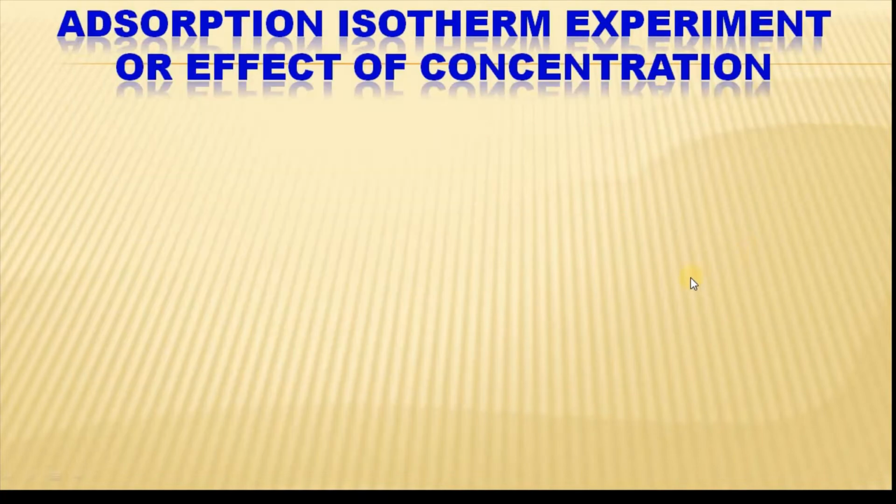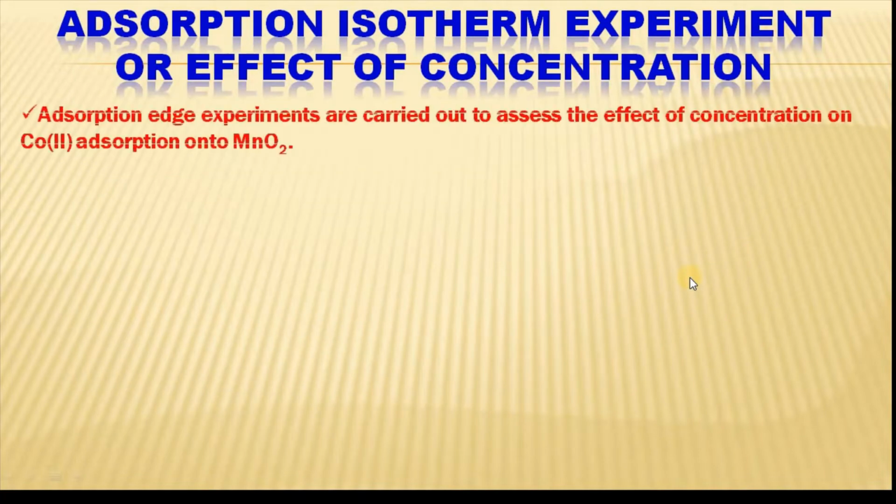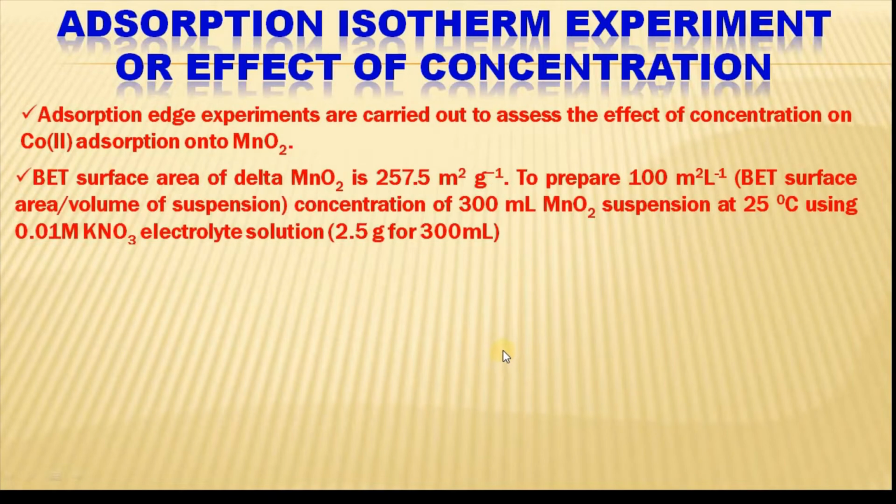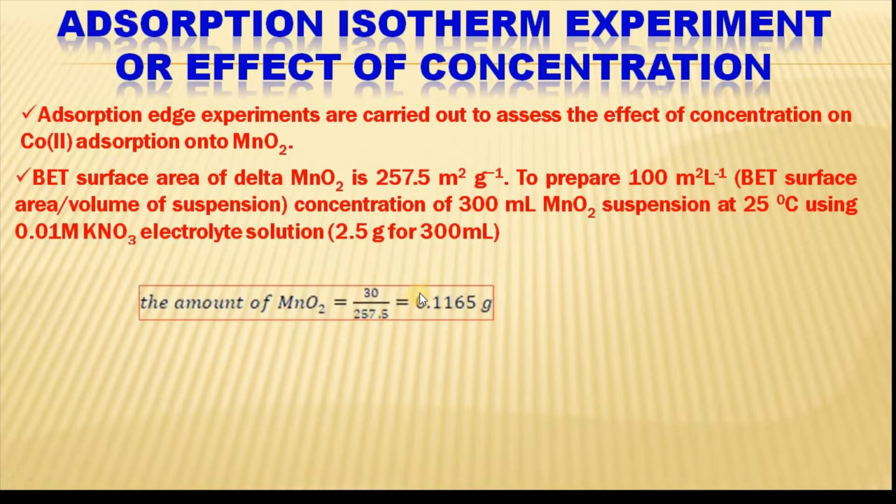Then comes adsorption isotherm experiment procedure. In this case, we use BET surface area of substrate, which was 257.5. So to prepare 100 meters square per liter suspension in 300 milliliter, we need 0.1165 gram of adsorbent.